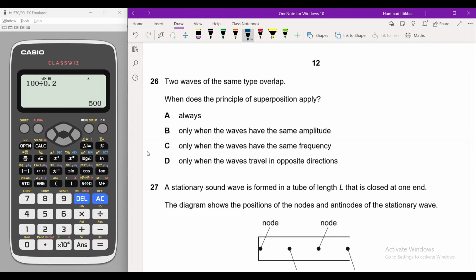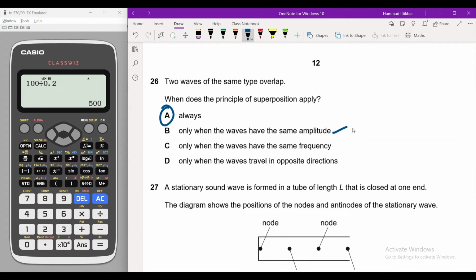Two waves of the same type overlap. When does the principle of superposition apply? So always, only when the waves have same amplitude, same frequency, travel in opposite directions. So that's always going to apply.